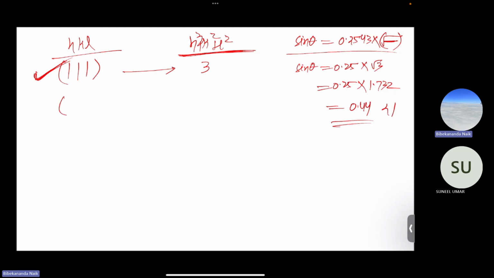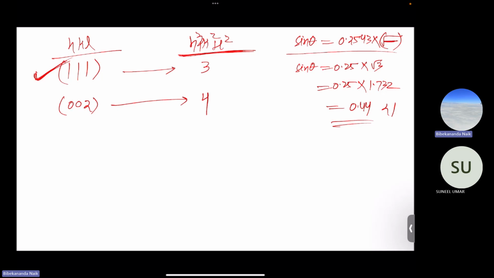No. 2, 2, 2 will be 2 square plus 2 square plus 2 square, which gives you 12. But if you take 0, 0, 2, then h square plus k square plus l square will be 4, only 2 square.